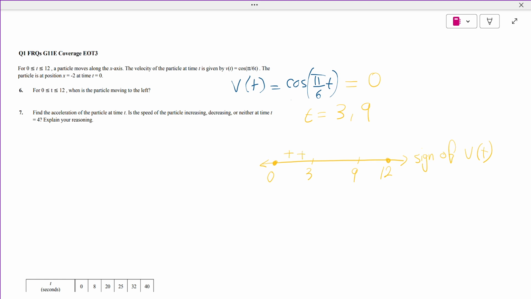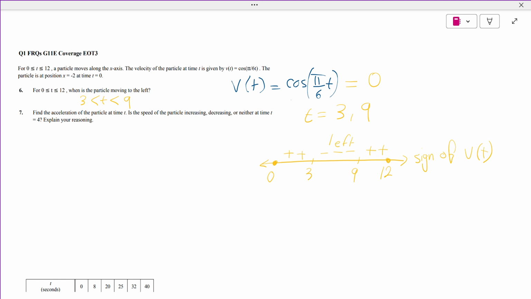Choose 5, 4, 6, whatever between 3 and 9, the velocity is going to be negative. Between 9 and 12, it will be positive. Now for the given interval, when is the particle moving to the left? Because the velocity is negative, the particle is moving to the left. So it's moving to the left from 3 to 9.